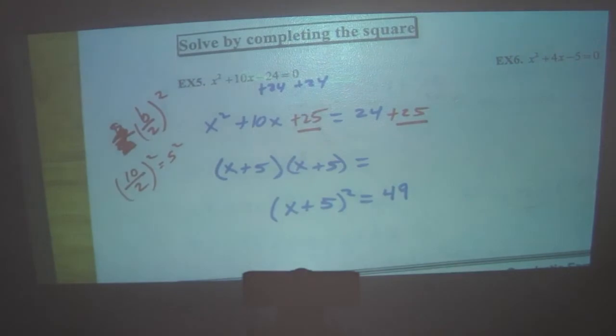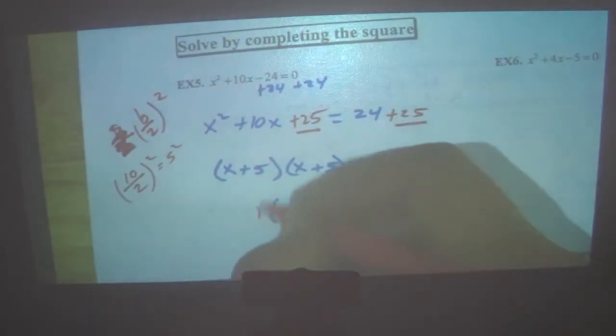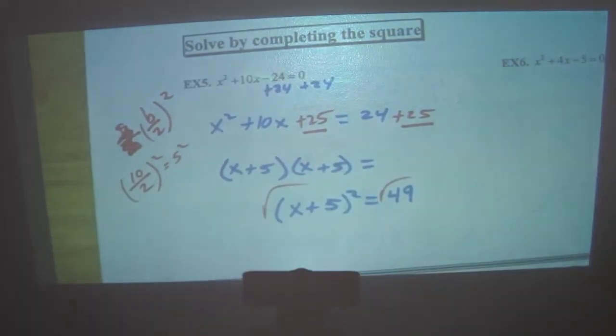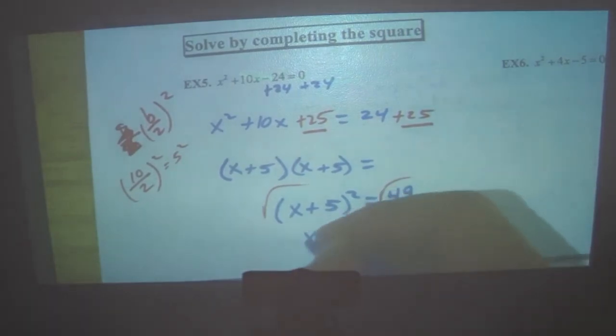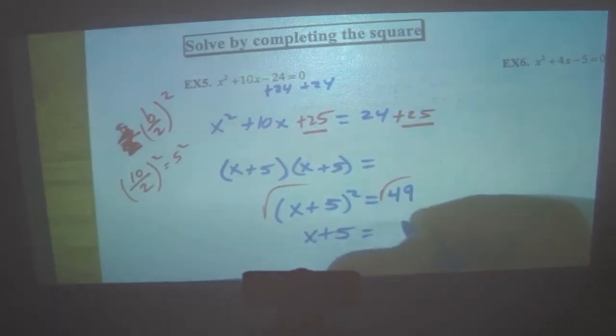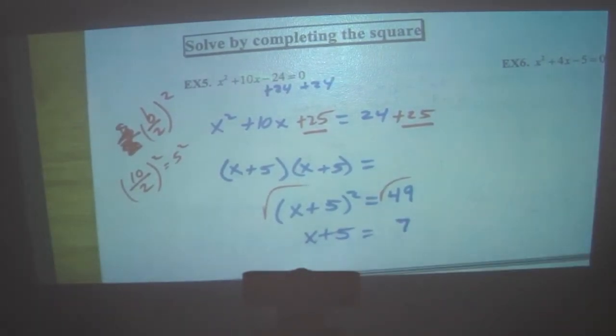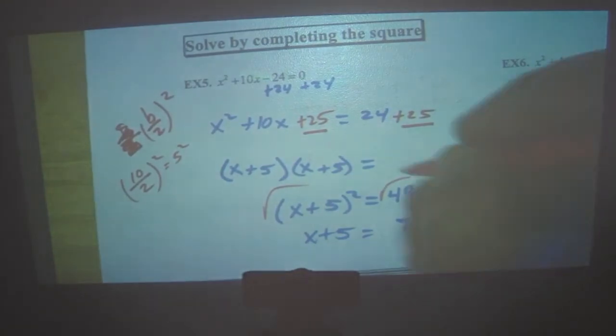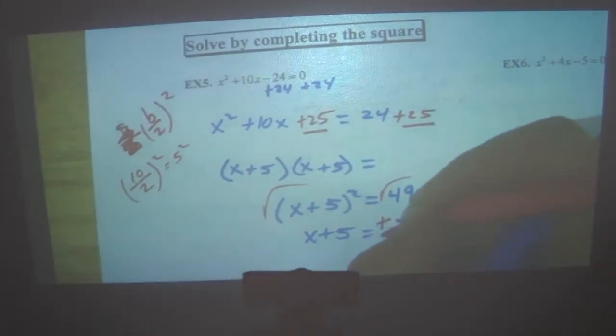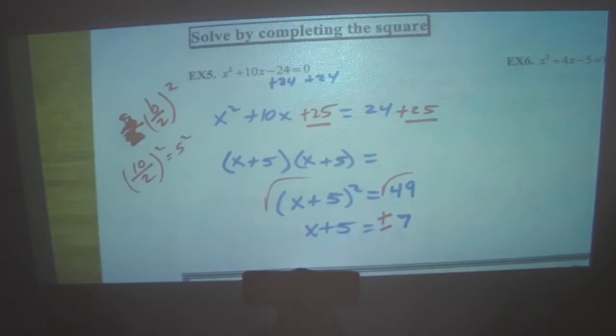Now do you see the square root method? We square root both sides. We get x plus 5 equals the square root of 49, which is 7. And don't forget the plus or minus sign. So now we have x plus 5 equals plus or minus 7.